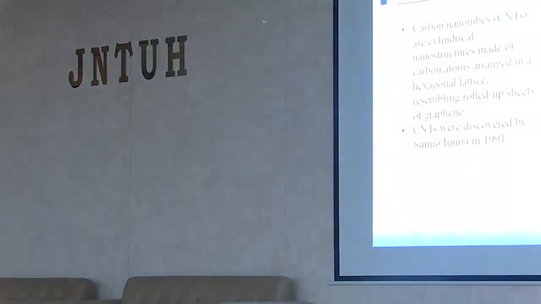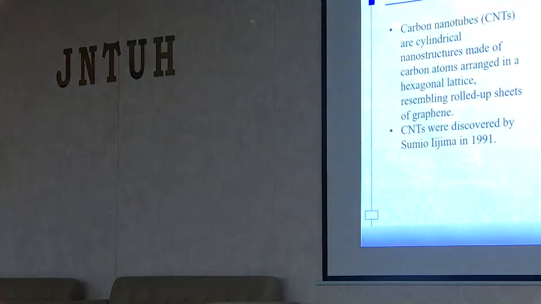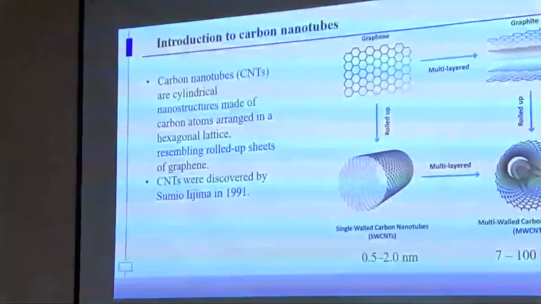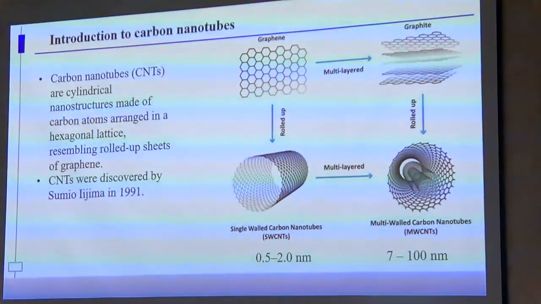Between these two, there is one more category that we call double wall carbon nanotube. I have not shown that one here, but between single wall and multi-wall we have a double wall carbon nanotube. More than two walls, we consider a multi-wall carbon nanotube.